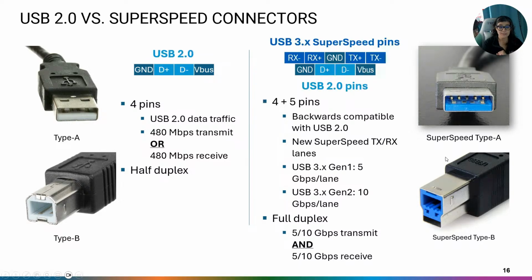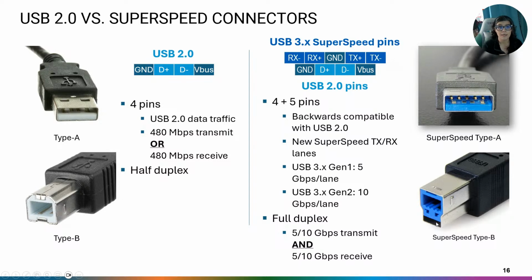Now, I did mention these are backwards compatible. That's going to depend on your ports, though. So, for example, if you had a newer computer with a 3.x port on it, you would absolutely be able to plug in this older USB 2.0 cable into that port.